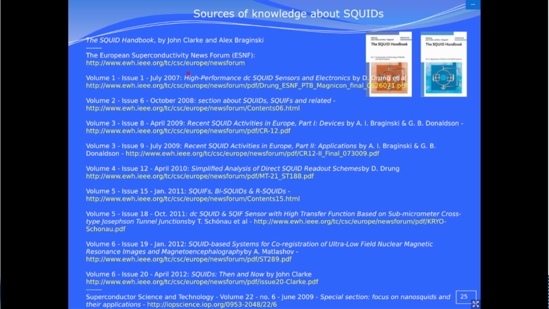You have a source of knowledge here, a lot of good references about squids and skiffs. Skiffs are superconducting quantum interference filters. Skiffs are the equivalent in optics of a grating, right? When you take two slots, you can do a large number of slots to have a grating, and you know it's a good way to do spectroscopy, to select some wavelengths.